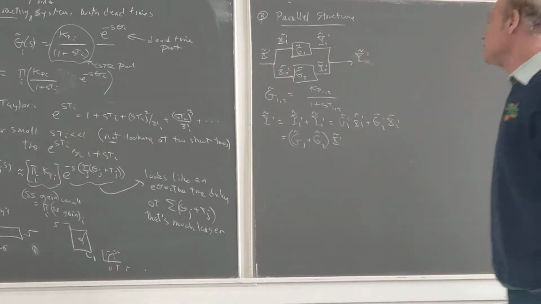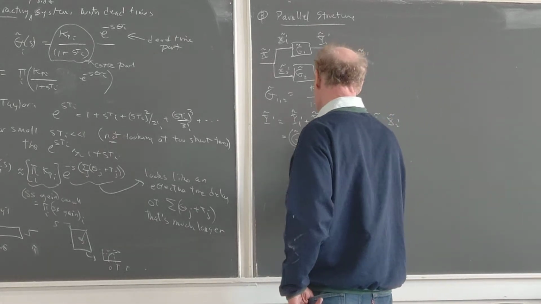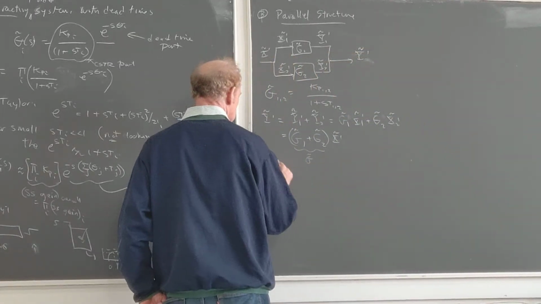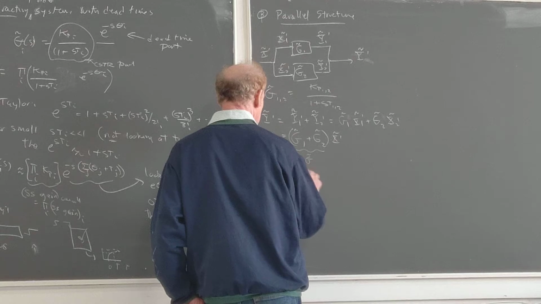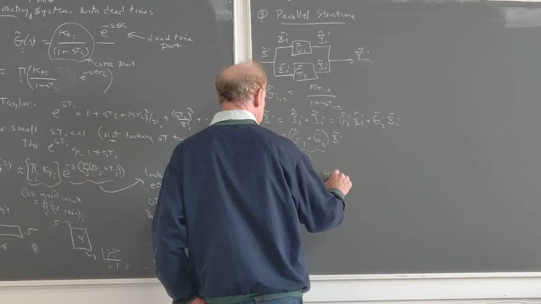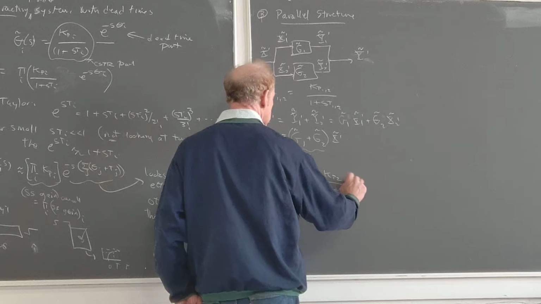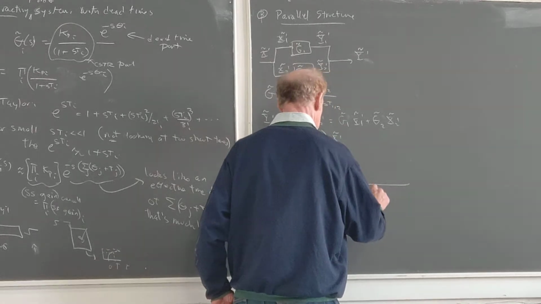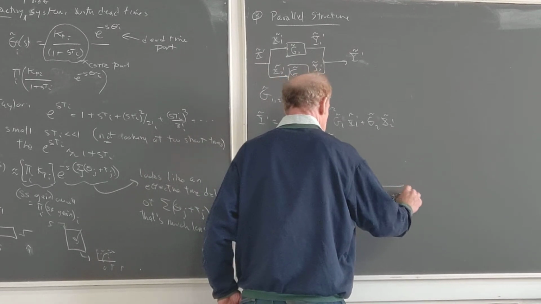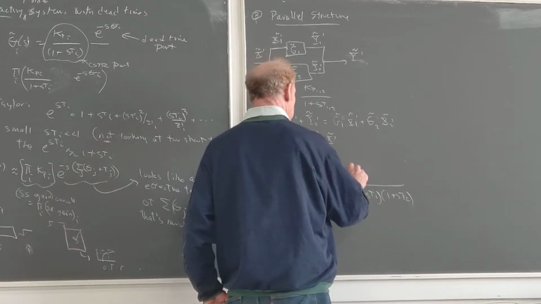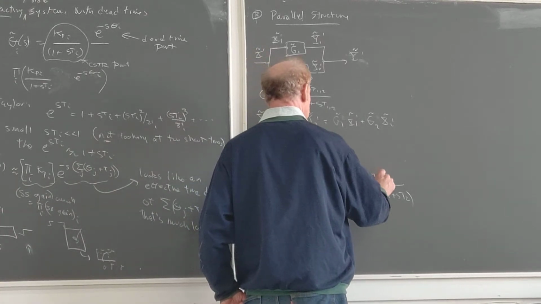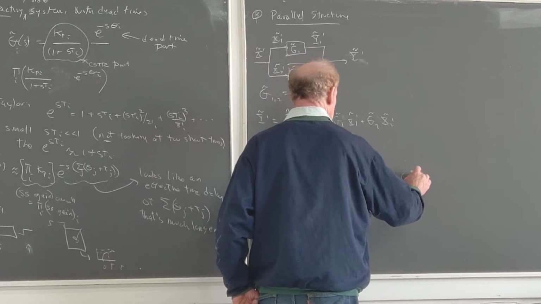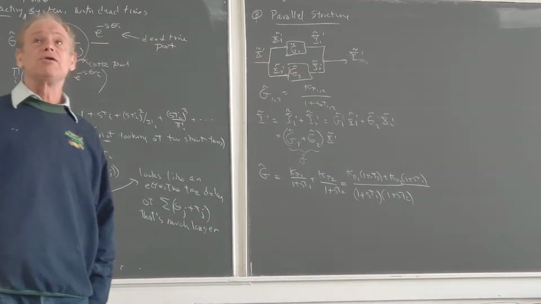Okay, so this is my overall g. Let's figure out what my overall g is. So g tilde is equal to Kp1 over 1 plus s tau1 plus Kp2 over 1 plus s tau2. And I can put that under one denominator. This is going to be Kp1 times 1 plus s tau2 plus Kp2 times 1 plus s tau1. And let's rearrange that numerator.